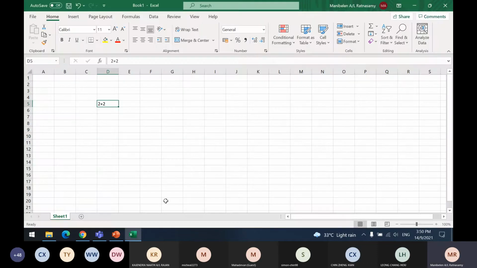Okay, let me go back to the Excel file. When you total this up and you get a result, for example, let's say the result is 4. And then when you click this button, this is the save button. Only when you click this save button, this result will be saved onto the memory.